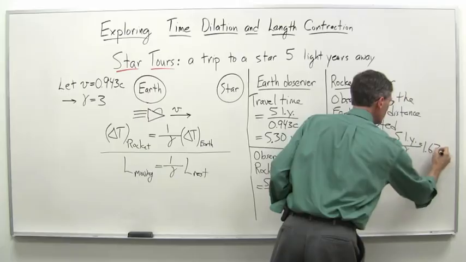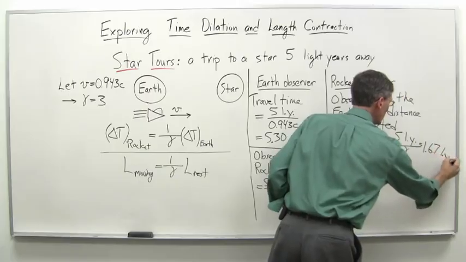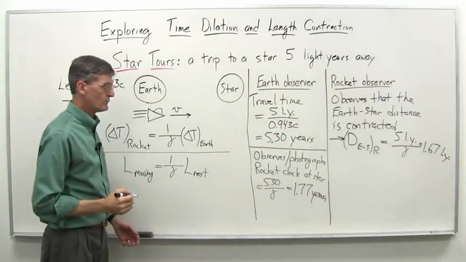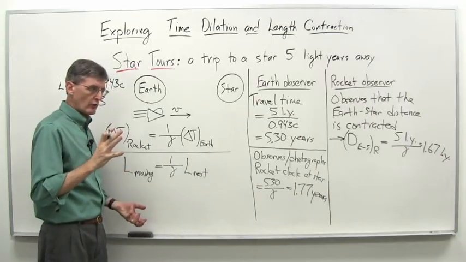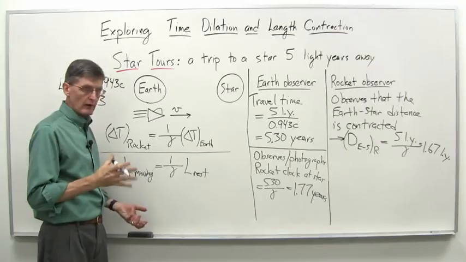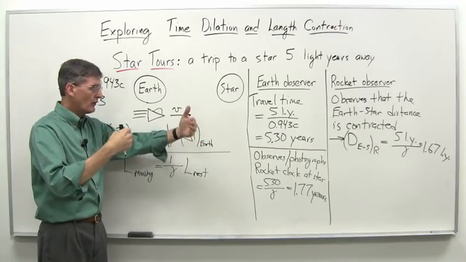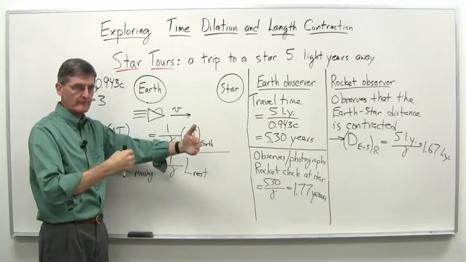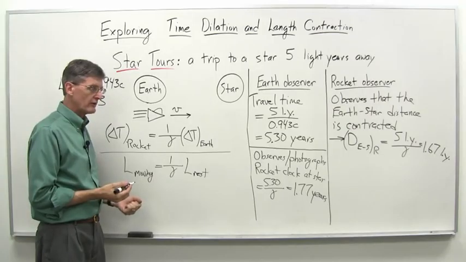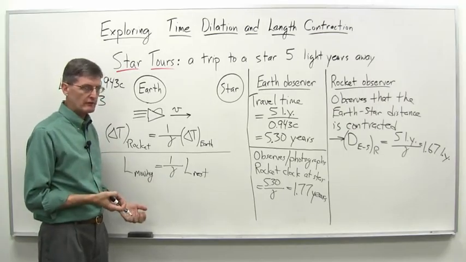Equals 1.67 light years. Okay? So to Bob, the rocket observer, he sees that distance as 1.67 light years. And now let's see, okay, so he's saying 1.67 light years.